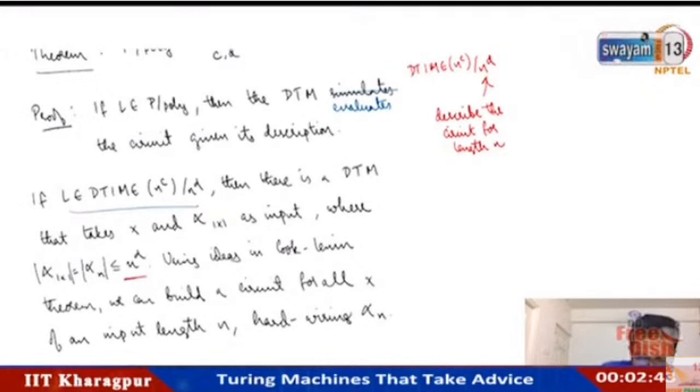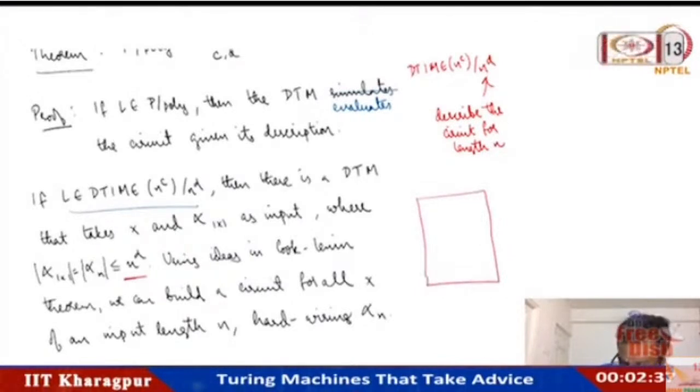Now we could once again recall the proof of the Cook-Levin theorem. There is a Turing machine that runs in polynomial time, DTIME(n^c), that takes input x and a certain alpha n. And we could build a circuit that corresponds to the decision process of this Turing machine.